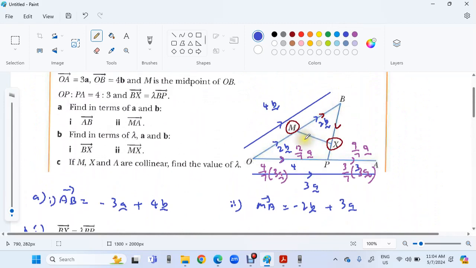And for part C, it tells us that M, X, A are collinear.